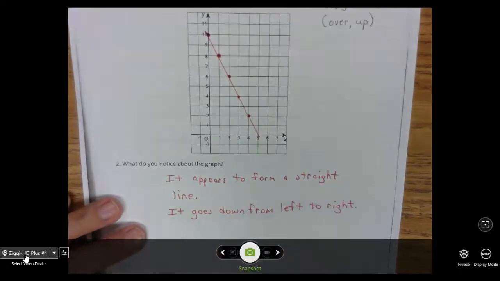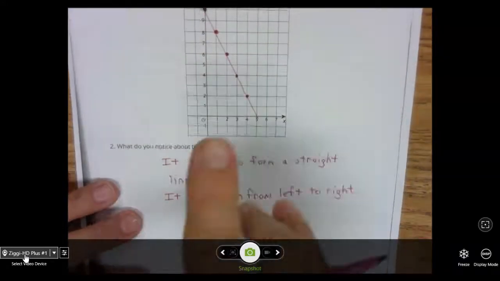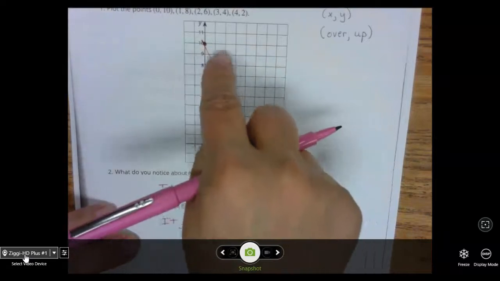And maybe you notice that it's kind of like a pattern. For every one we go over, we went down 2.